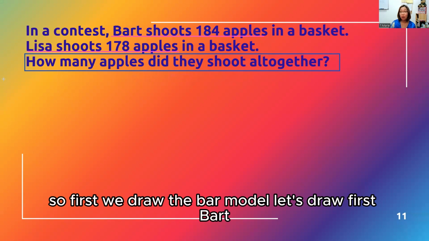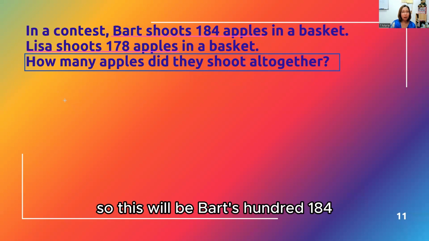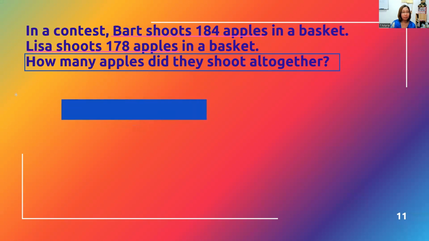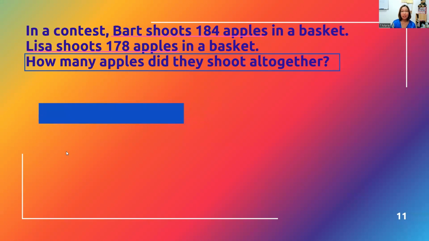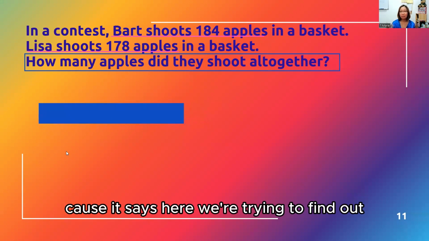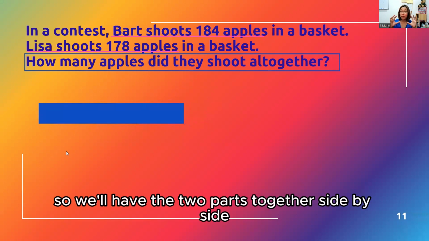So first we draw the bar model. Let's draw first Bart. So this will be Bart's 184. And then let's have Lisa. Because it says here we're trying to find out how many apples did they shoot all together, we'll have the two parts together, side by side.